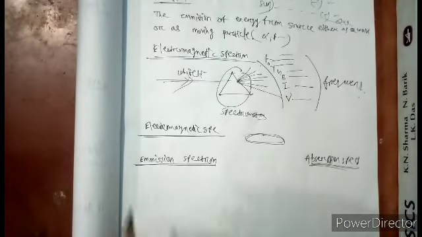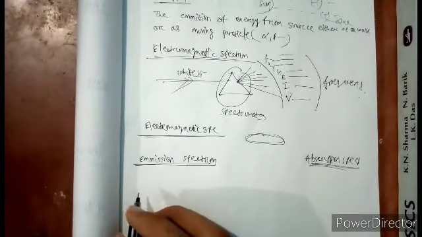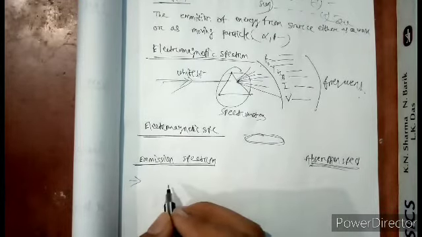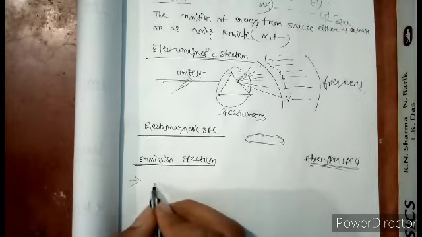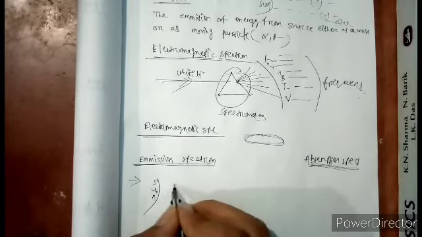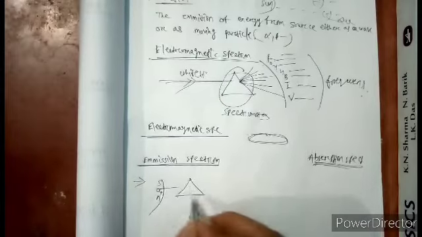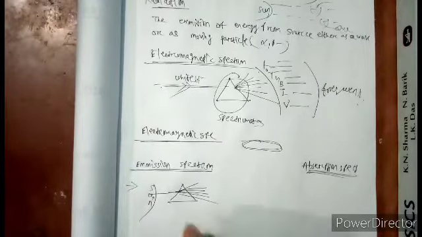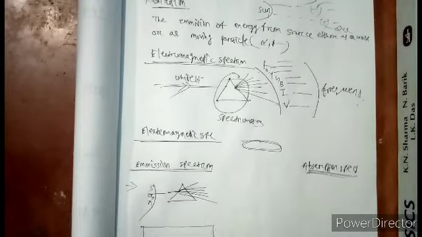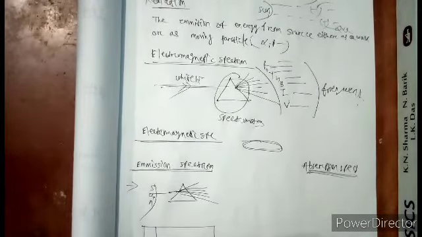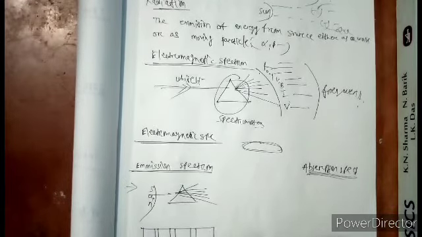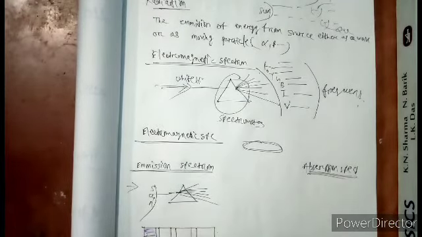What is emission spectrum? The spectrum formed by the emission of light from the source, that is the sun, whose light falls on the prism and splits into 7 constituent colors.